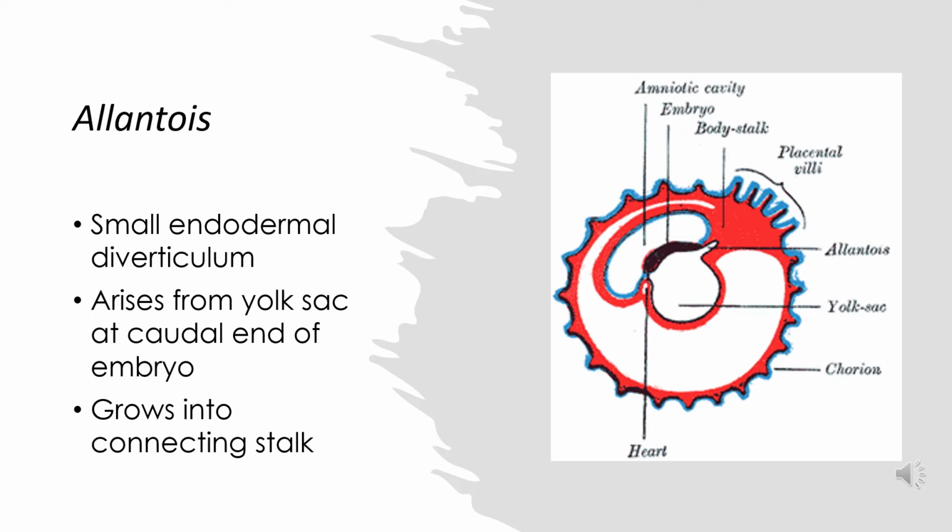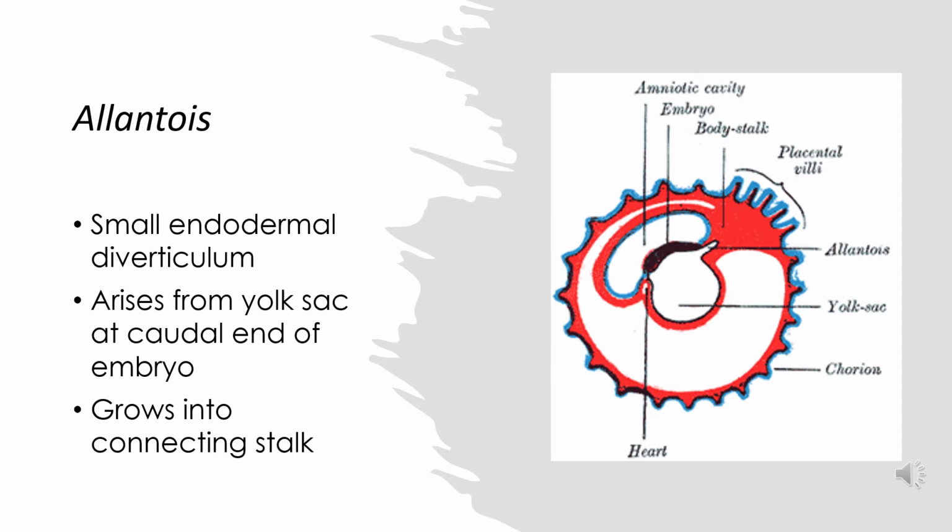So this allantois or allantoic diverticulum is a small endodermal diverticulum which arises from the yolk sac near the caudal end, or the tail end, of the embryonic disc. And this diverticulum later on grows into the mesoderm of the connecting stalk.